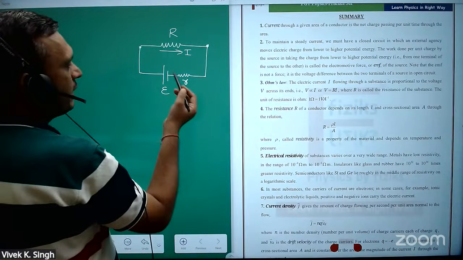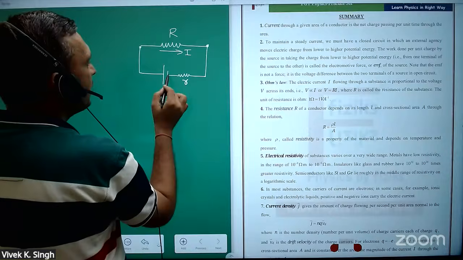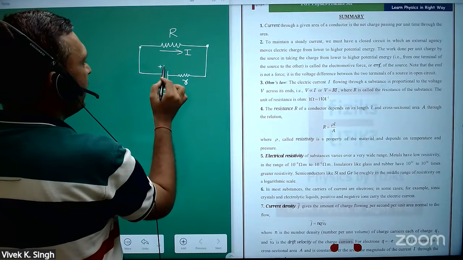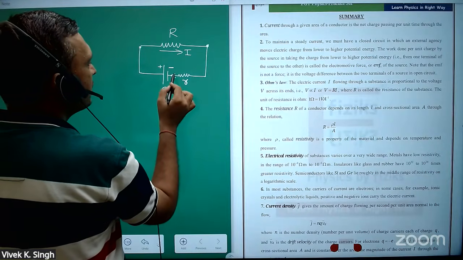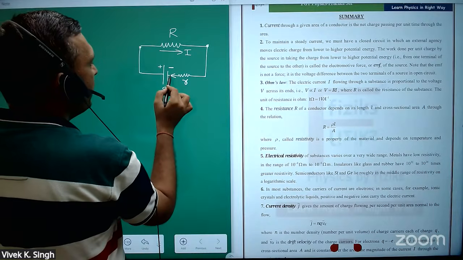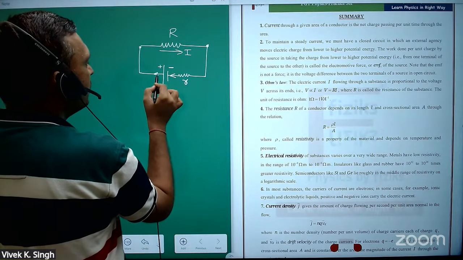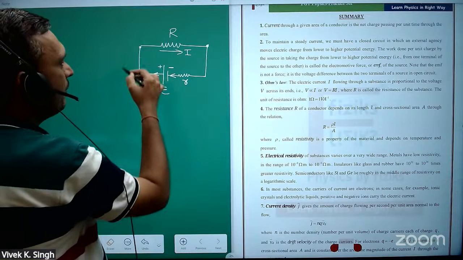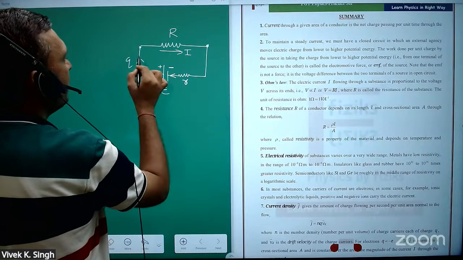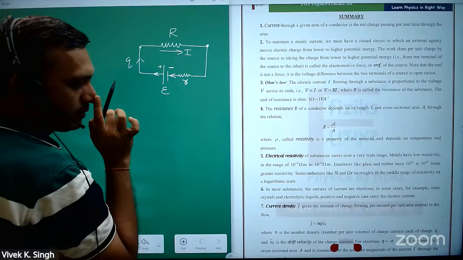So how will current be set up? Let's say you are moving a positive charge from the negative terminal to the positive terminal. I'm assuming some positive charge is moving in this circuit.